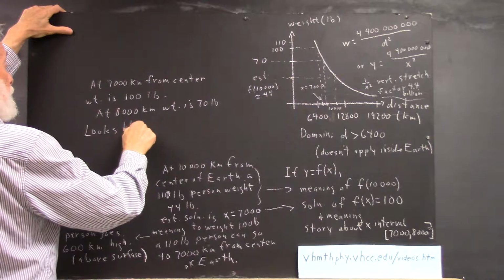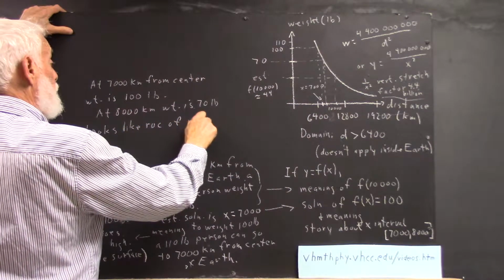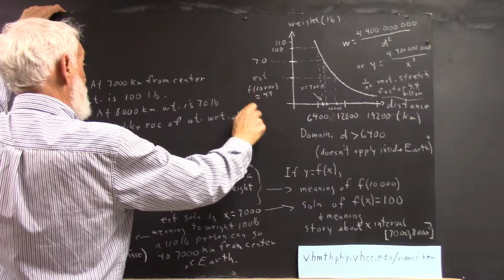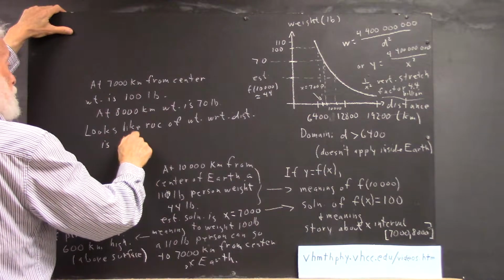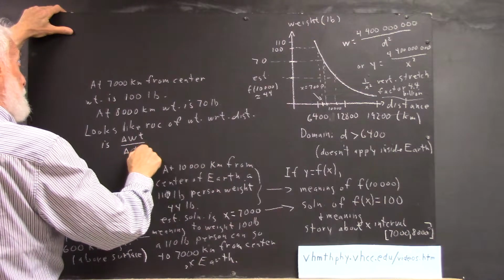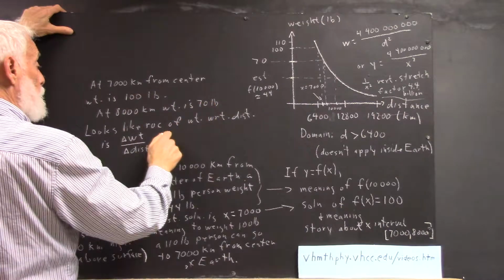So it looks like the rate of change of weight with respect to distance from the center, change in weight divided by the change in the distance, equals, what's our change in weight?